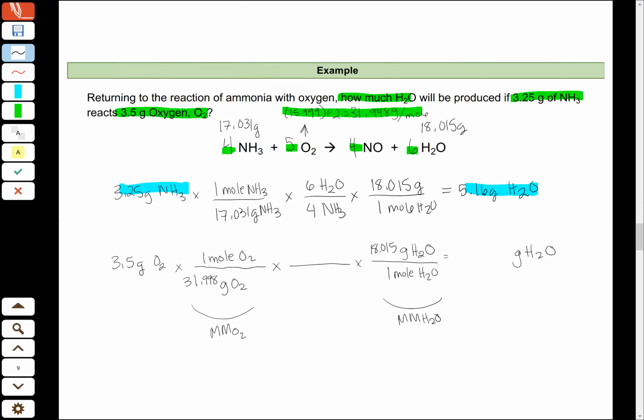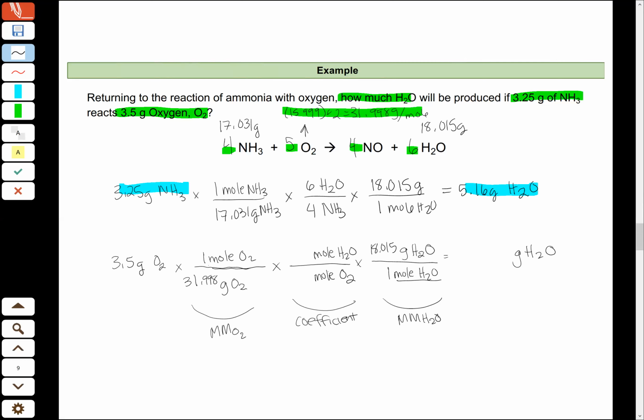So to set up the rest of the problem and figure out my conversion factor from going from moles to moles, I know I'm going to use coefficients. And it's easy to flip those around, honestly. And so I know I want to get rid of moles of water, so it needs to cancel out with moles of water on the top half of my fraction. And to cancel out moles of oxygen, it needs to be on the bottom half of my fraction.